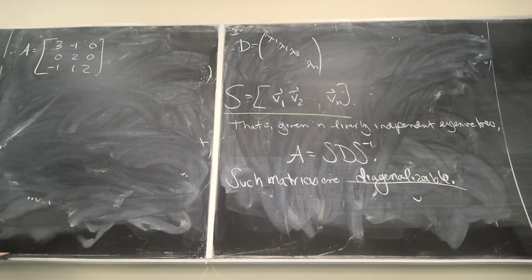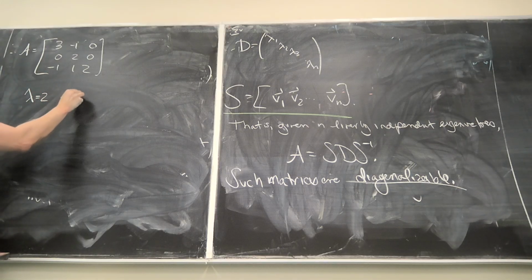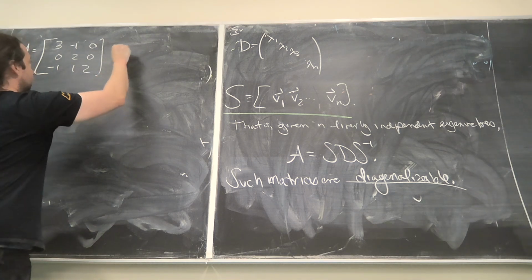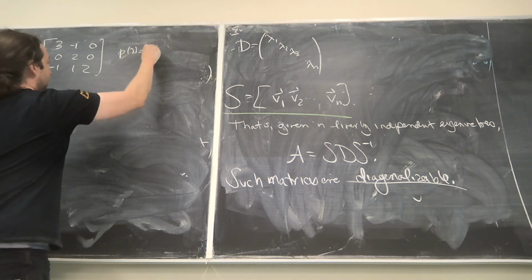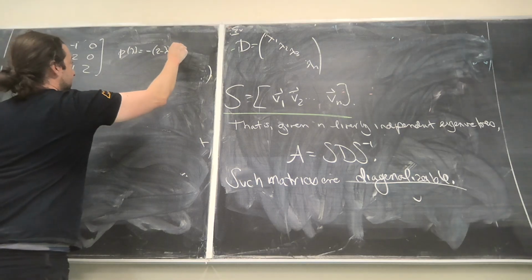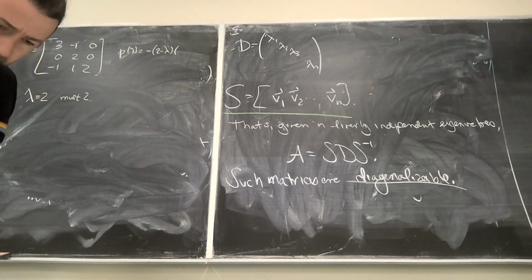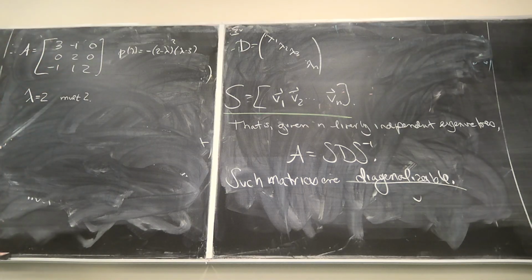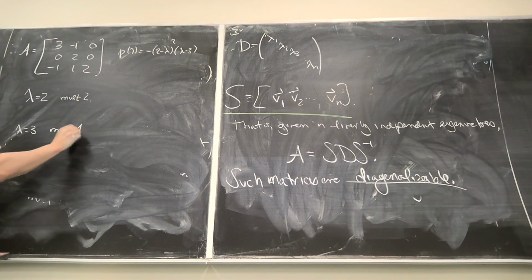What you'll find is that this matrix has eigenvalue lambda equal to 2 with multiplicity 2. So the characteristic polynomial here, P of lambda, looks like minus 2 minus lambda times 2 minus lambda squared times lambda minus 3. So this has lambda equal to 2 with multiplicity 2, and lambda equal to 3 with multiplicity 1.